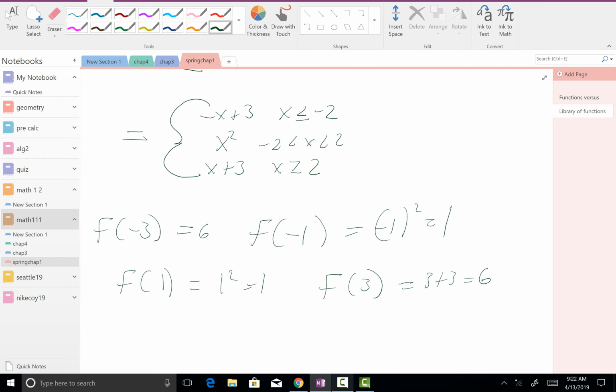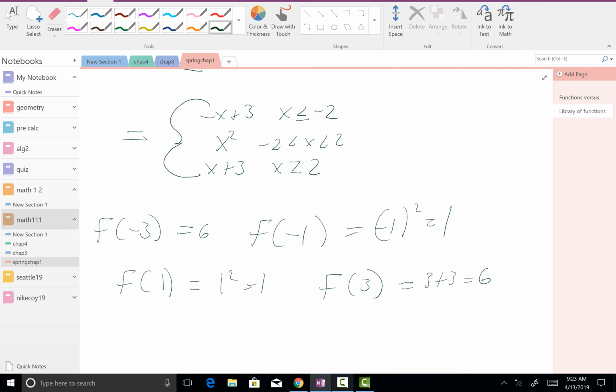And then I have to put in a condition again. So that would be -2 less than x less than 2, colon. And then I put in the function, so x squared.